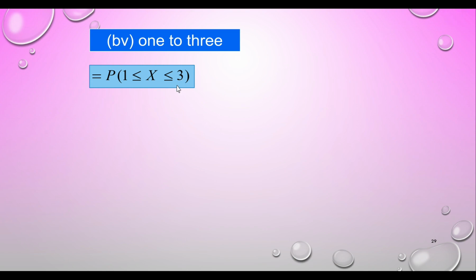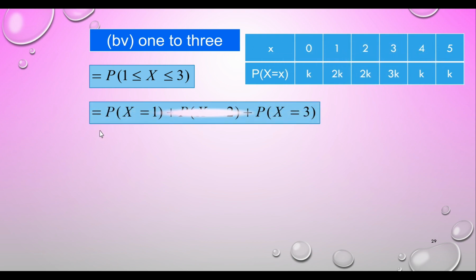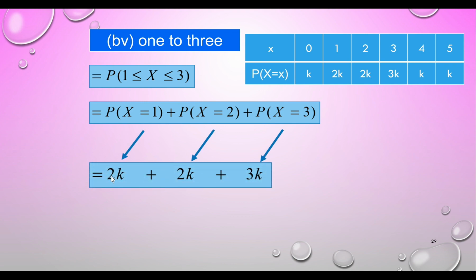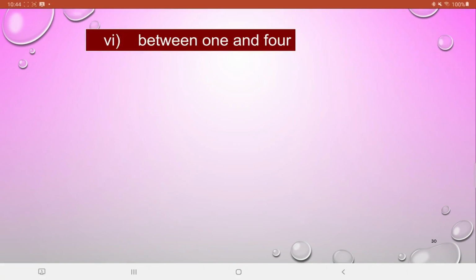So the probability of x more than or equal 1 and less than or equal 3 is, we find the sum of P(x equal 1), P(x equal 2) and P(x equal 3). And then we sub the values of P(x equal 1), P(x equal 2), and P(x equal 3), and we get 7k. So we substitute k equal 1 over 10 and we get the answer 7 over 10.